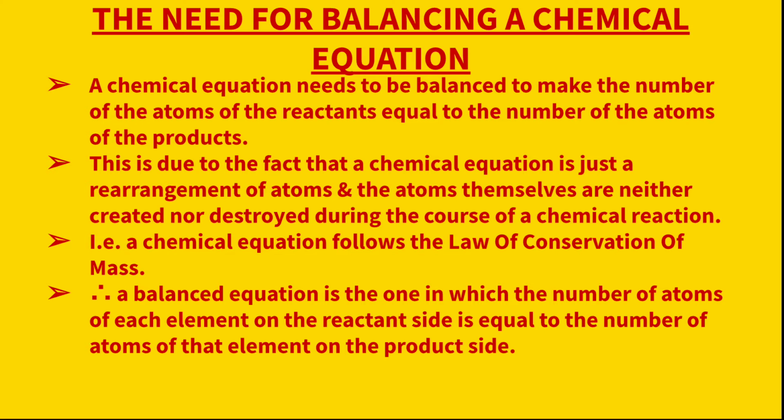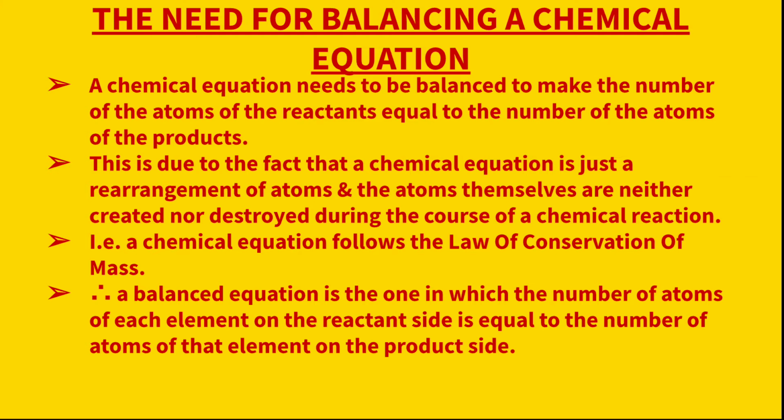When we write in the molecular form, we are not balancing properly; we are writing the symbols in molecular form so that they can exist independently. Further, on the reactant side as well as the product side, the number of atoms should be equal. So for that, we need to balance the equation.